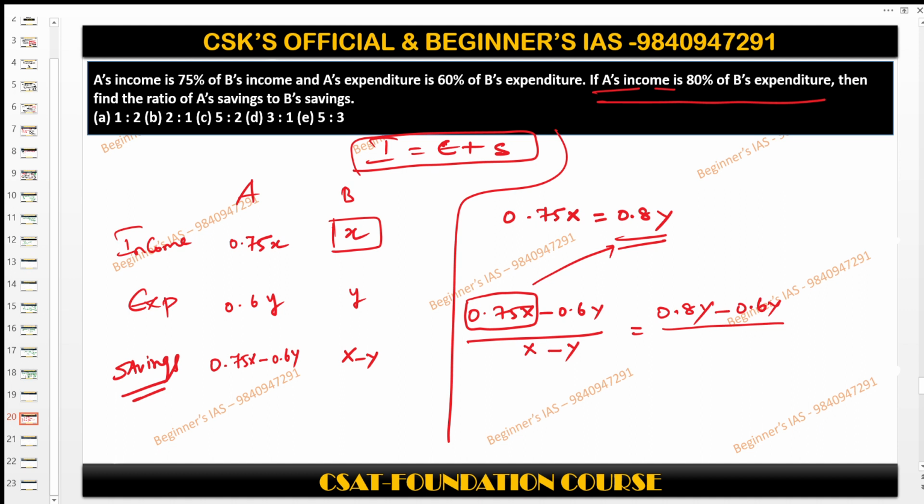What would be the x? From this itself you can make x: 0.8y by 0.75. So you are saying x as 0.8 by 0.75 y.